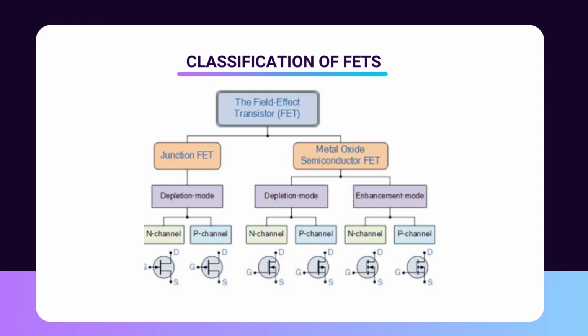All the devices are again categorized into N channel and P channel types. These are the symbols for an N channel JFET, then a P channel JFET. Then the next symbols are for depletion type N channel MOSFET and P channel MOSFET. The next are enhancement type N channel MOSFET and P channel MOSFET.